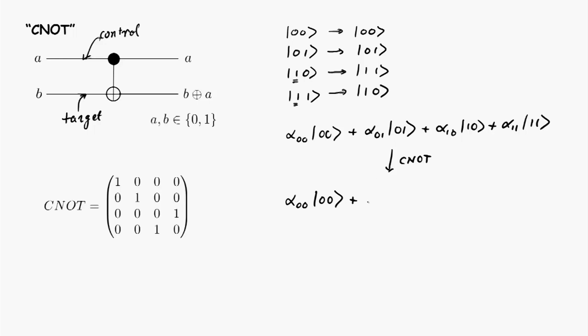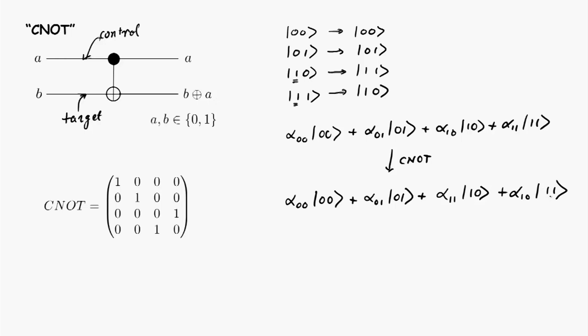This again, the control bit is 0, so it leaves unchanged. Now here, the control bit is 1, so it flips the target bit. So for example, |11> gets mapped to |10>. And so here you'll get alpha 11 |10>. And similarly here, the target bit gets flipped. So you'll get alpha 10 |11>.